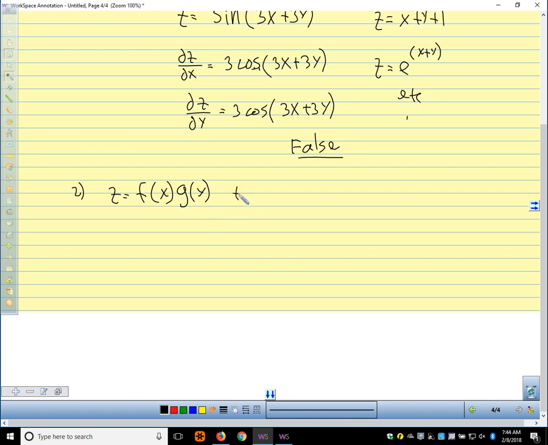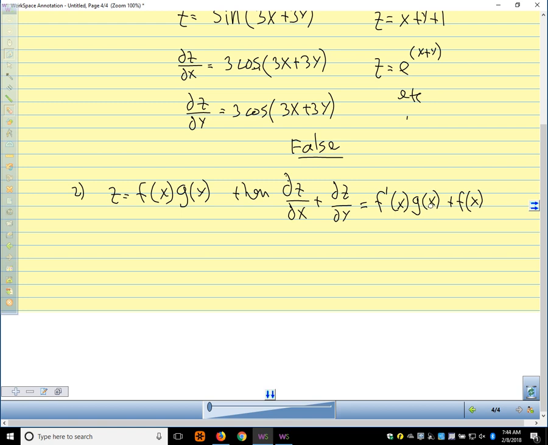Then the partial of z with respect to x plus the partial of z with respect to y equals f prime of x times g of y plus f of x, this should be y, sorry, f of x, g prime of y.